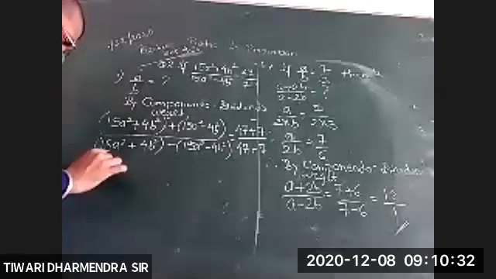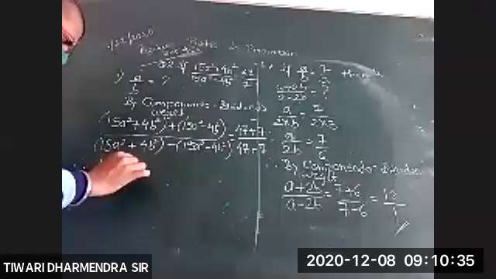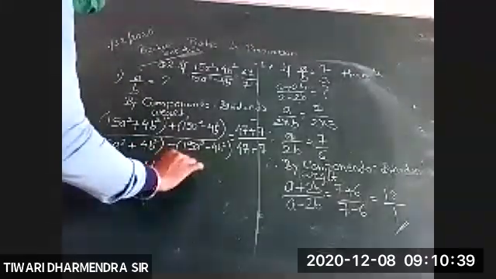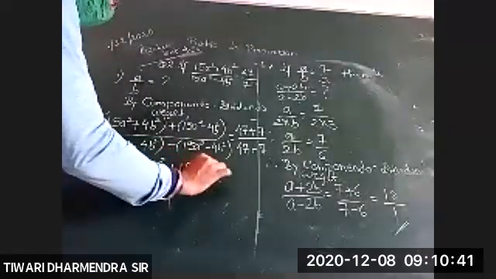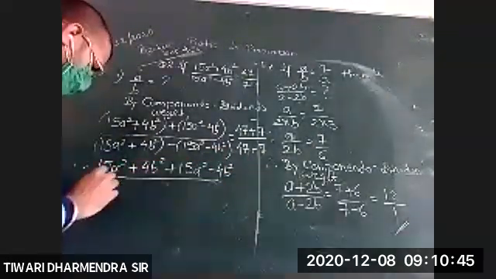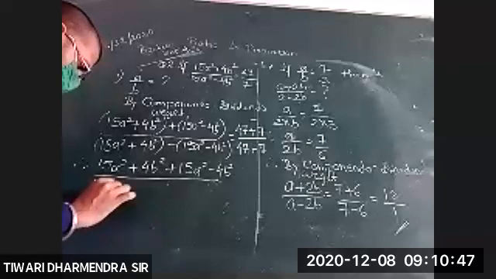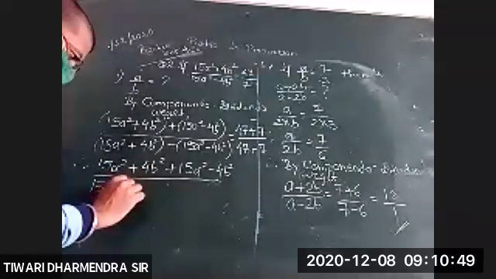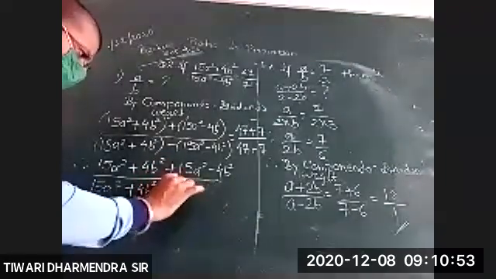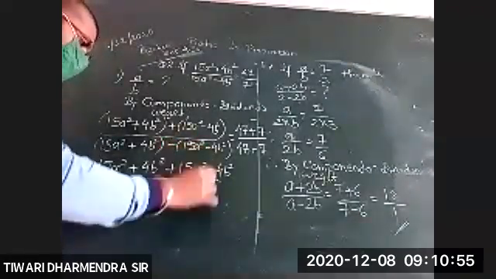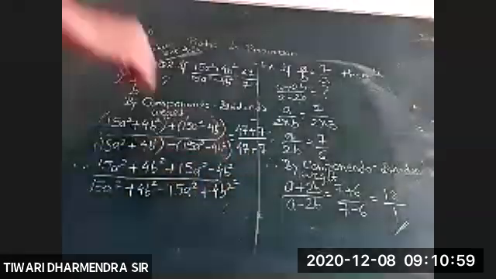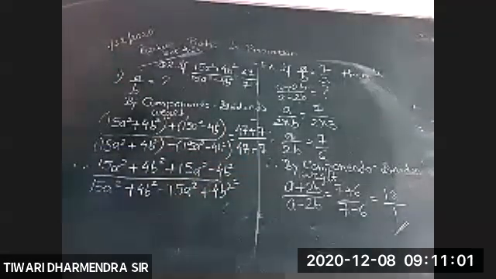So therefore, 15a square plus 4b square plus 15a square minus 4b square divided by 15a square plus 4b square minus 15a square minus minus plus 4b square is equal to... Hope you have understood this step.